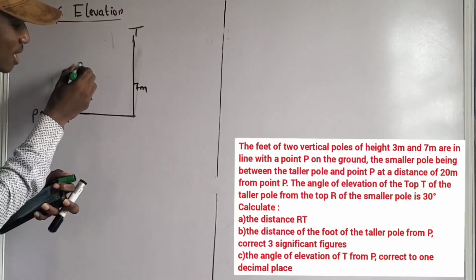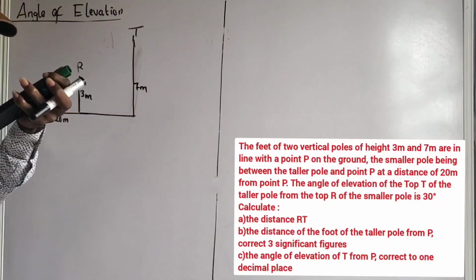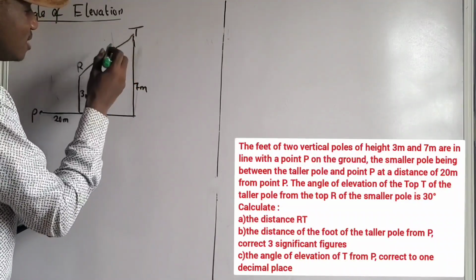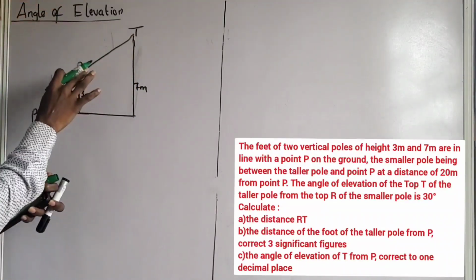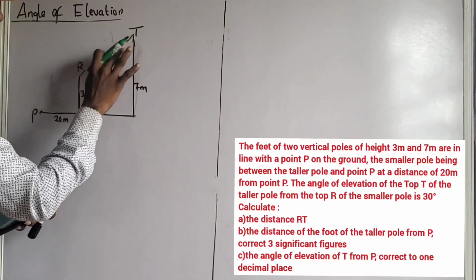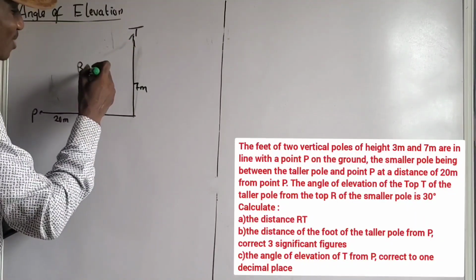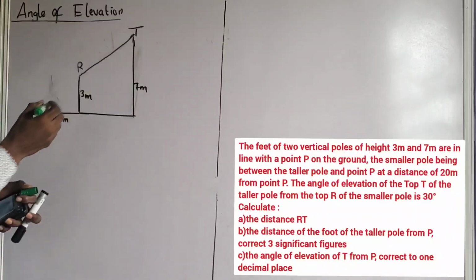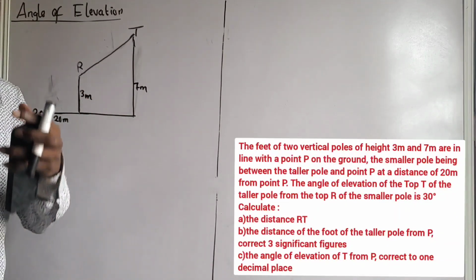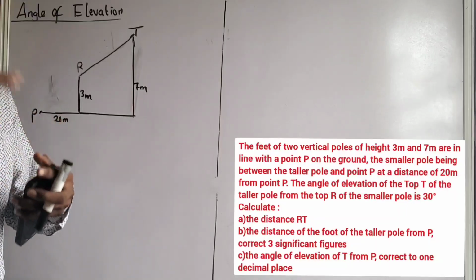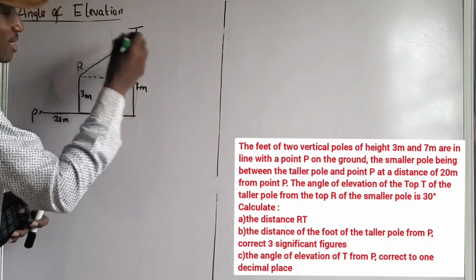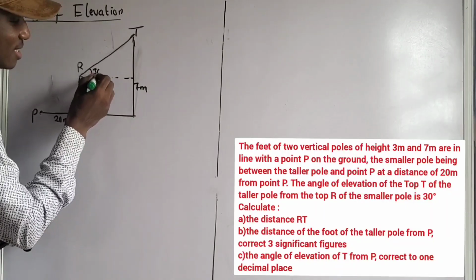The angle of elevation is 30 degrees. Don't mind my diagram; I just want to make it as beautiful as possible. I told you that the angle of elevation is the angle between the line of sight and the horizontal level. So this is the horizontal level and this is the line of sight, and the angle here is 30 degrees.